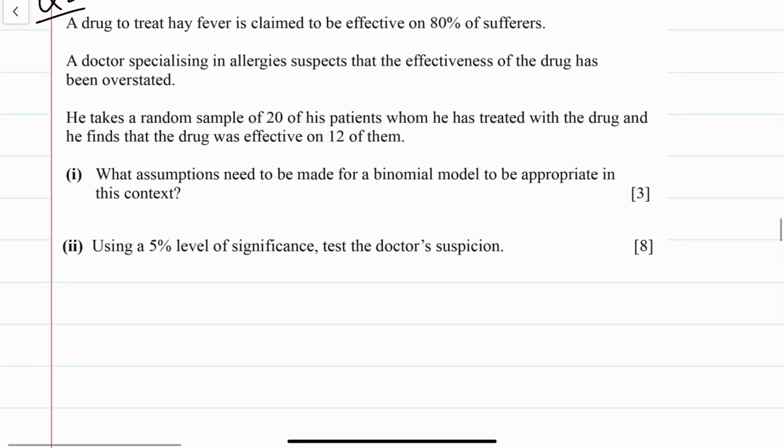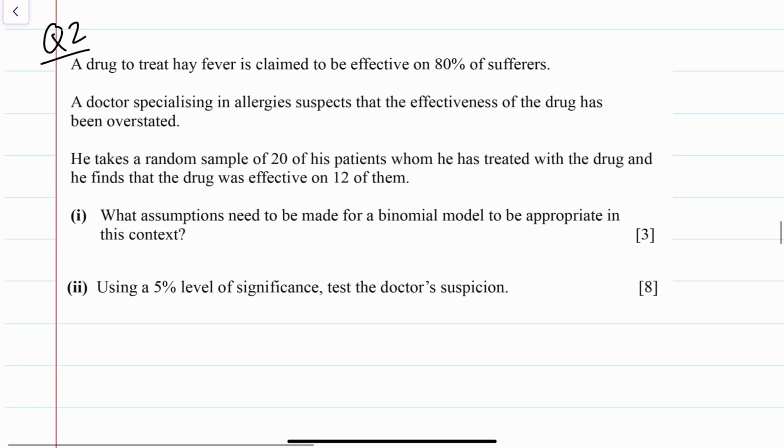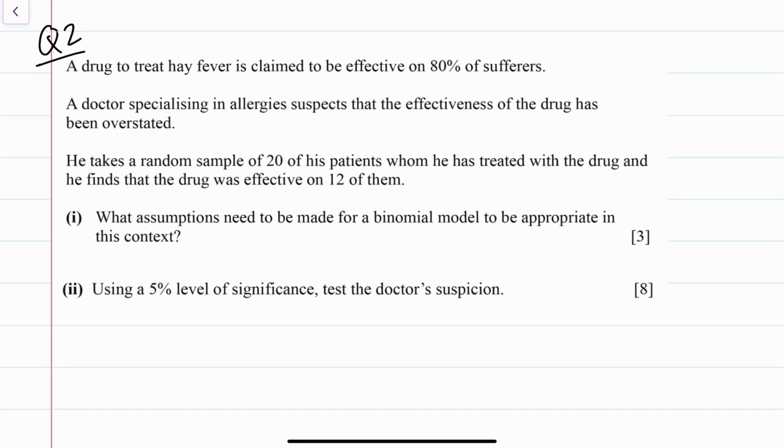We're going to look now at our binomial one, and this is testing a proportion. It says here, a drug to treat hay fever is claimed to be effective on 80% of sufferers. A doctor specializing in allergies suspects that the effectiveness of the drug has been overstated.